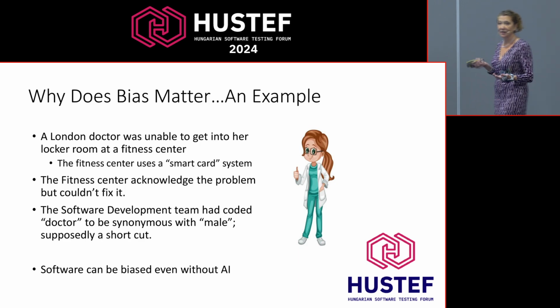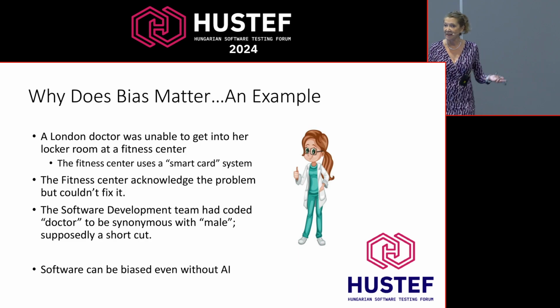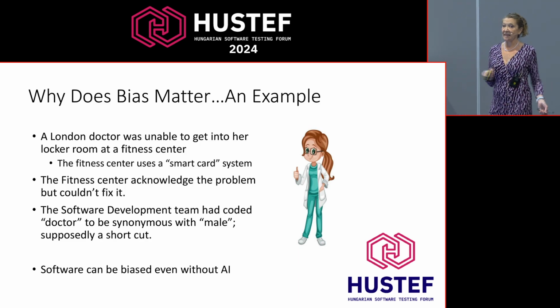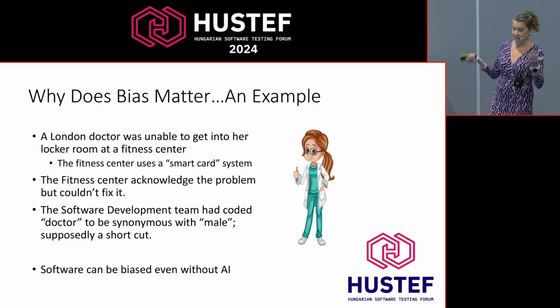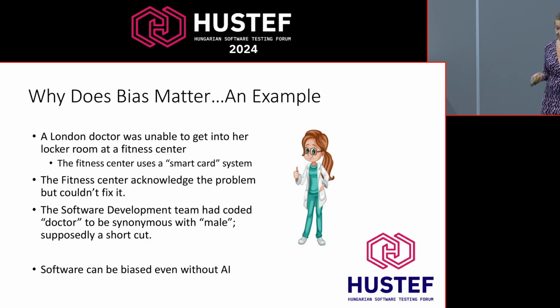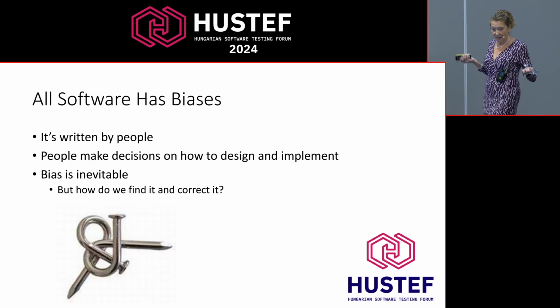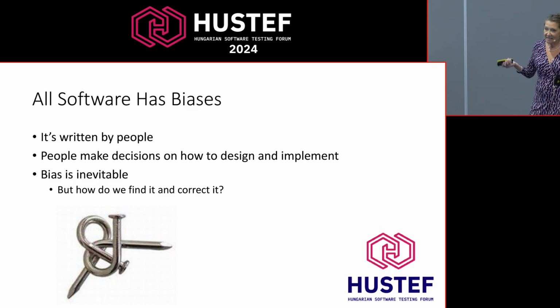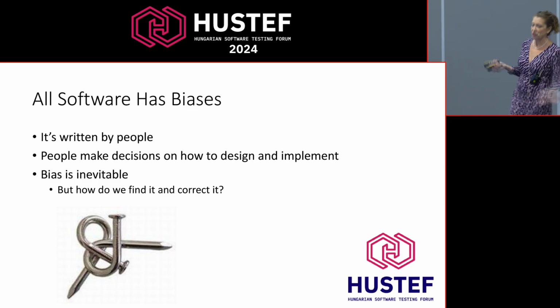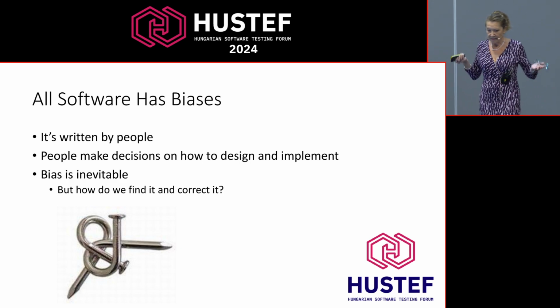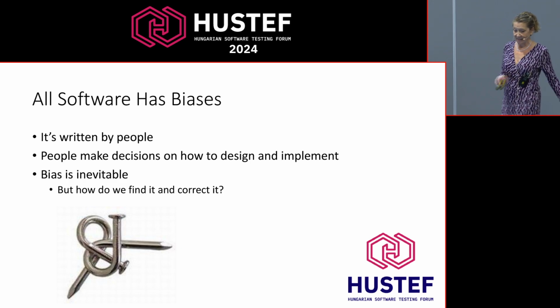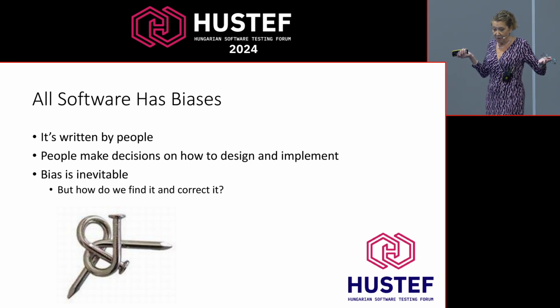There was a doctor who couldn't get into her locker at the gym because the developer associated doctor with males. So if all software has biases, well, yeah, it's written by people. It's trained by people. People make the decisions. So bias is inevitable, basically.